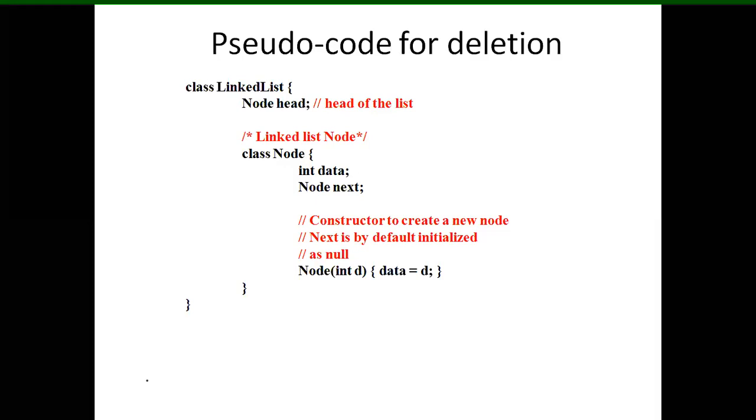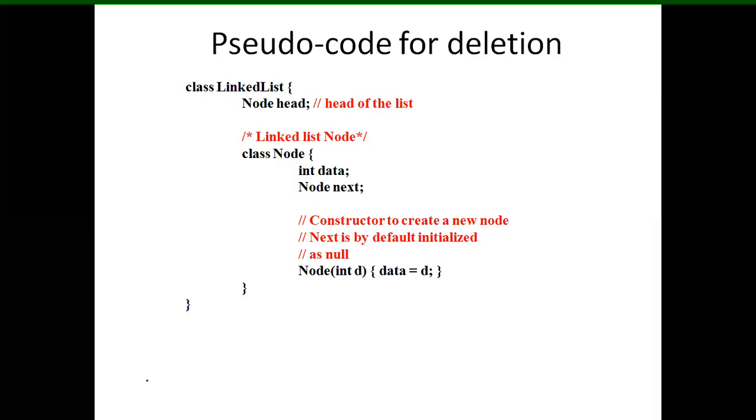Now you can observe the constructor in the class node, which takes D. The definition part consists of data equals D. So whatever data you want to assign to the node, you can directly pass, and that will be stored in the data part of the node itself. Suppose that is the first node creation.